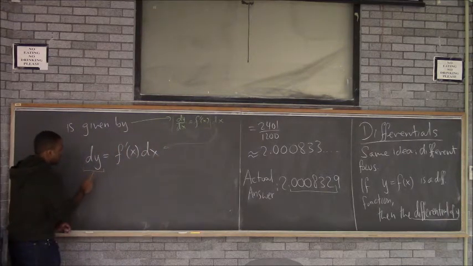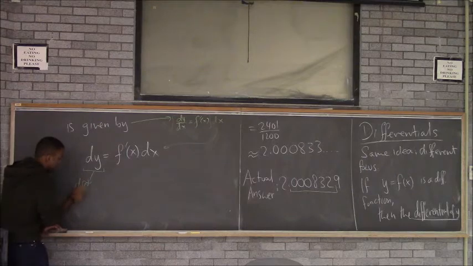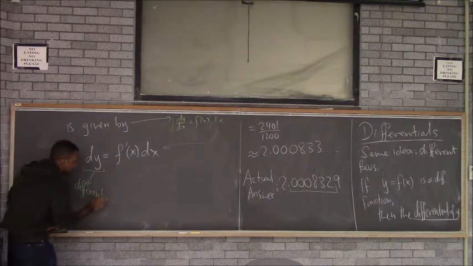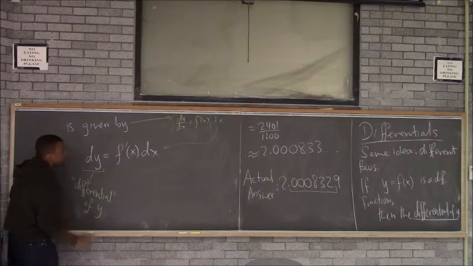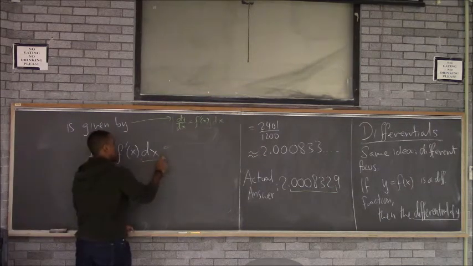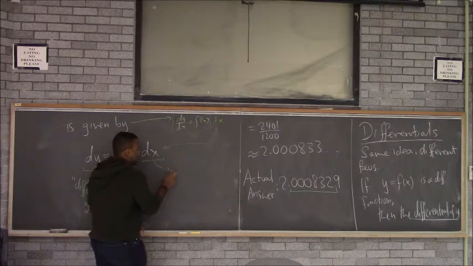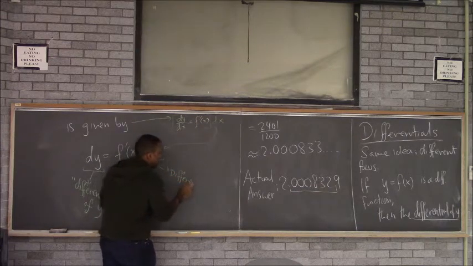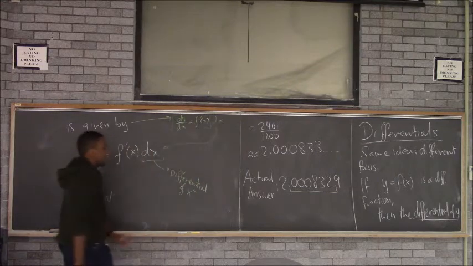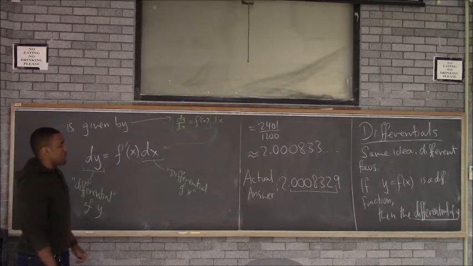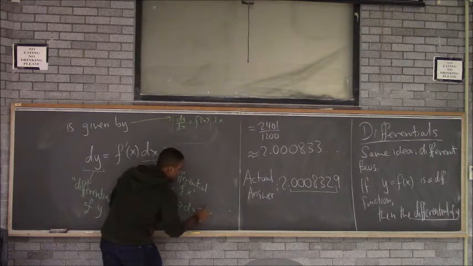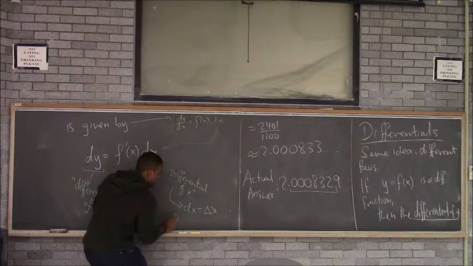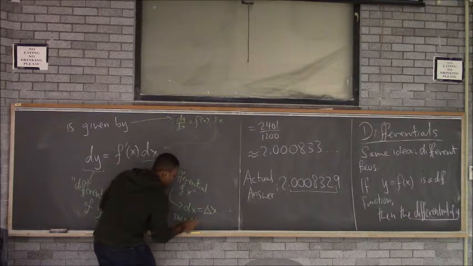This part here, this is called the differential of y. By the way, this guy is called the differential of x. Now, when x is your independent variable, your dx is actually equal to the delta x, since x is the independent variable.